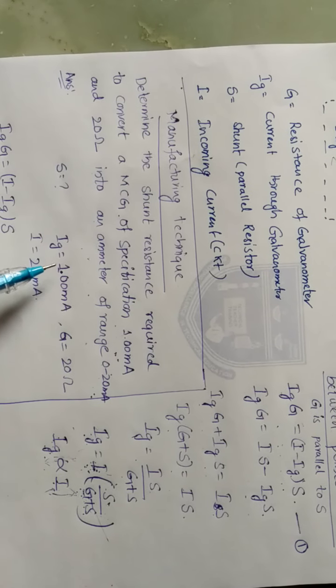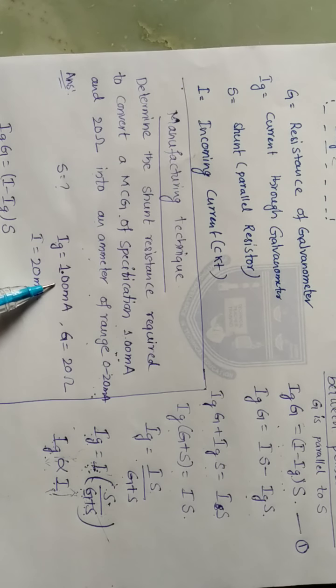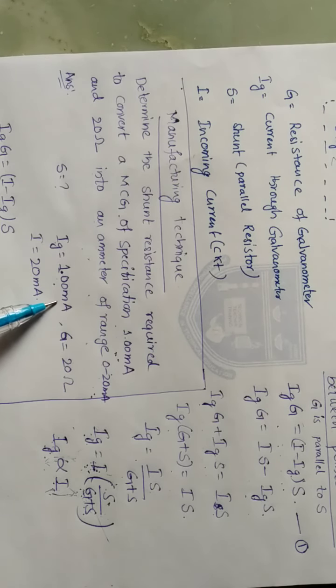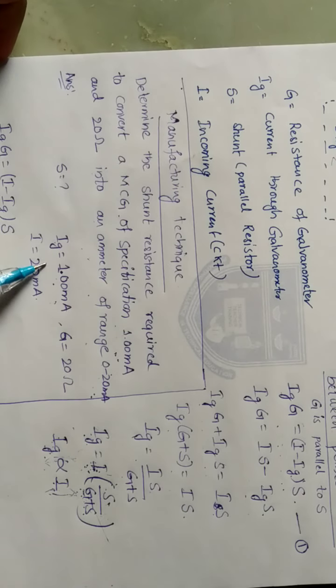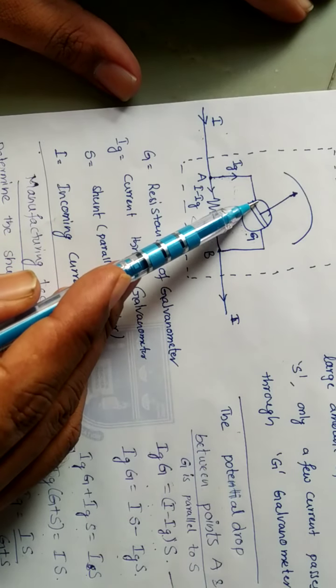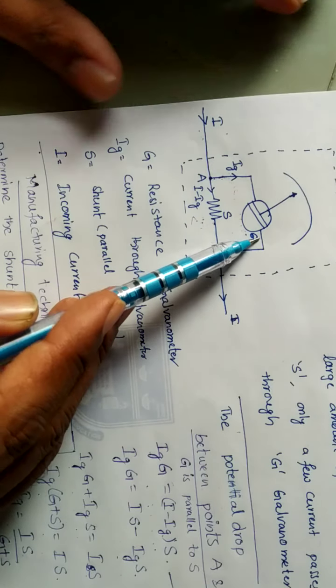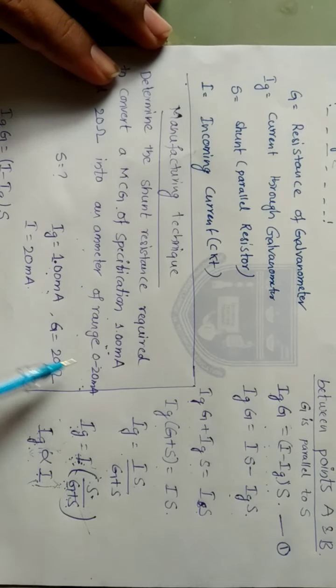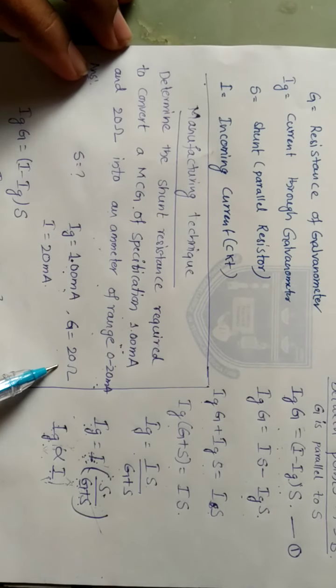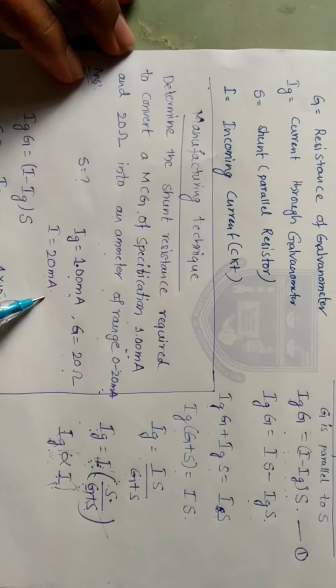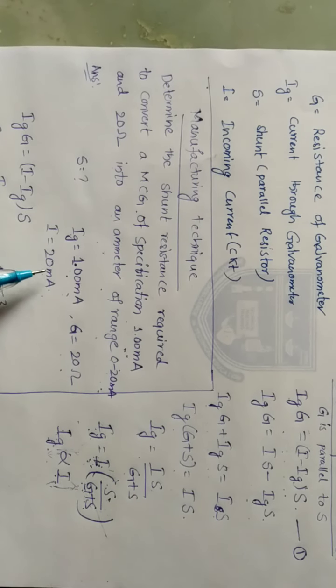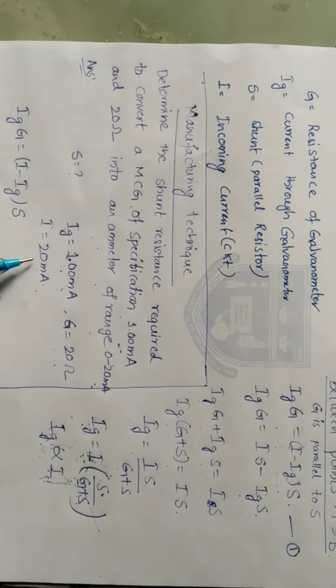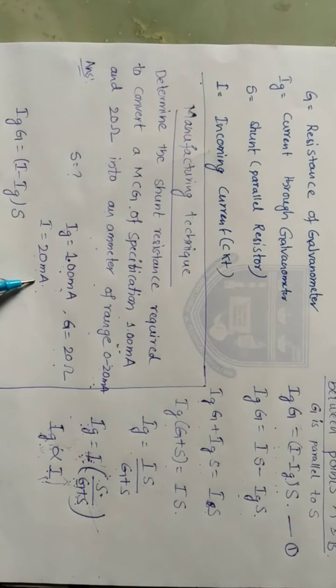Ig, the maximum allowable current for the galvanometer, is 1 milliampere. For this current, the galvanometer pointer shows full deflection. The galvanometer resistance is 20 ohms and I is 20 milliamperes, so the ammeter should be capable of allowing 20 milliamperes.